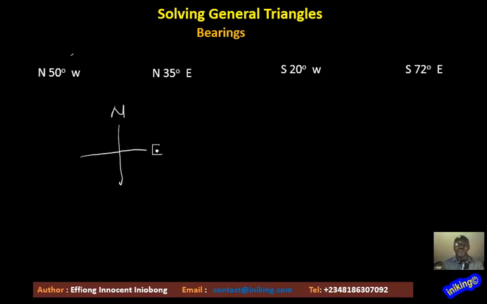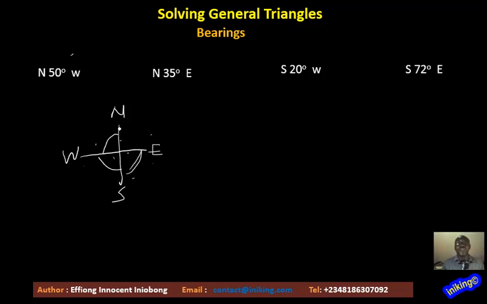You have the east and west. In this case, our bearing will either be northeast, northwest, southwest, or southeast. That is, the angle that will be given to us will never be more than 90 degrees. It will just be between north and east, or between north and west, or between south and west, or south and east. Just those four.